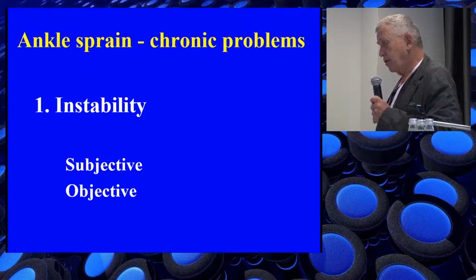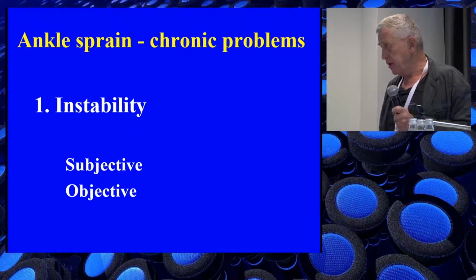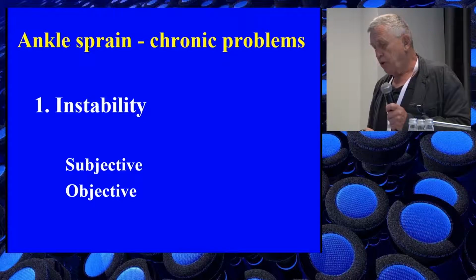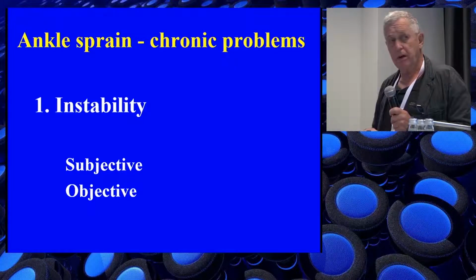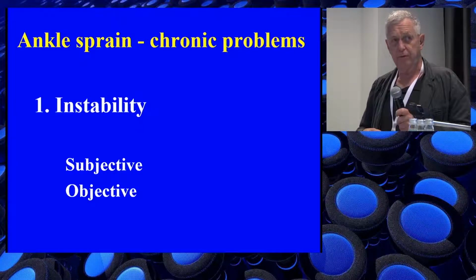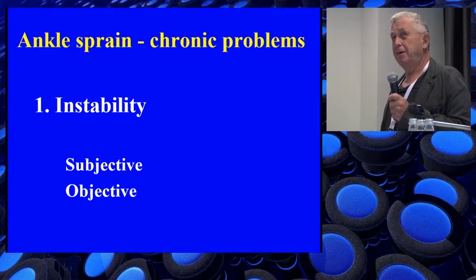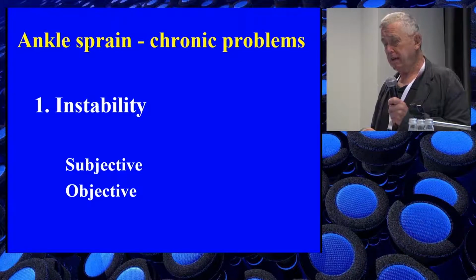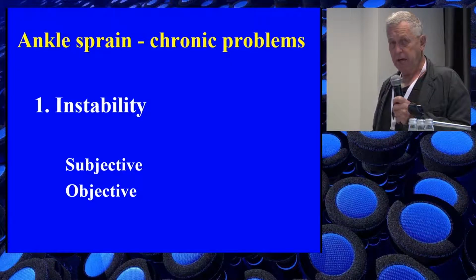But the patient complains of instability feelings, give-way sensations, and that is caused by an intra-articular reason. It could be a loose body, it could be a synovitis, it could be a torn ankle meniscus. A lot of reasons for pain in the ankle joint.